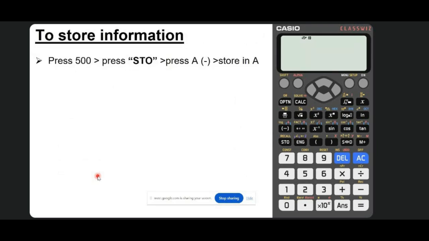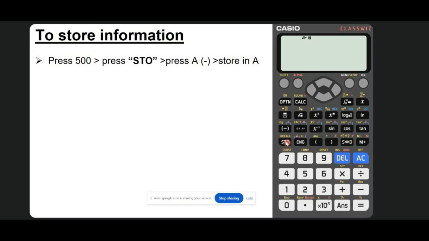For this type of calculator, there is another function that is important, which is they can store information inside the calculator. For example, you can press 500 on your calculator, and then you press STO.